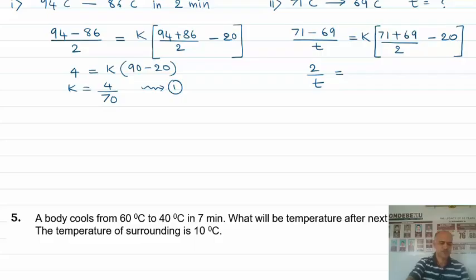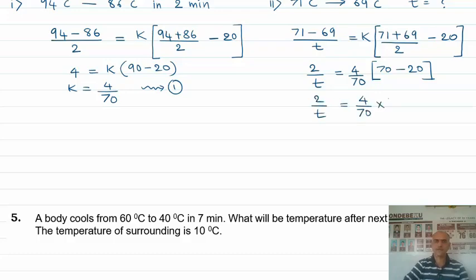Substitute the K value. K is 4 by 70 from equation 1. 4 by 70 into bracket 71 plus 69 divided by 2, you will get 70. So 70 minus 20. Therefore 2 by t is equal to 4 by 70 into 70 minus 20, which is 50.